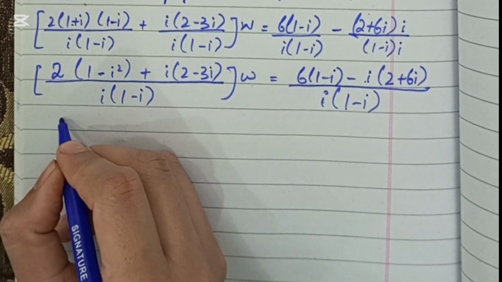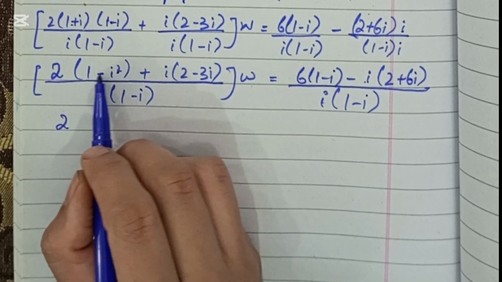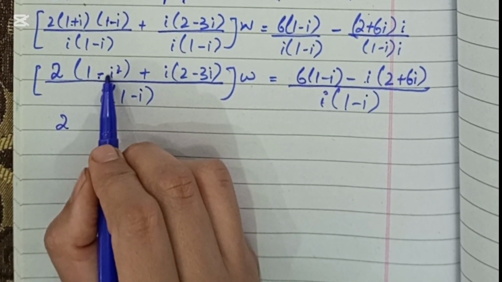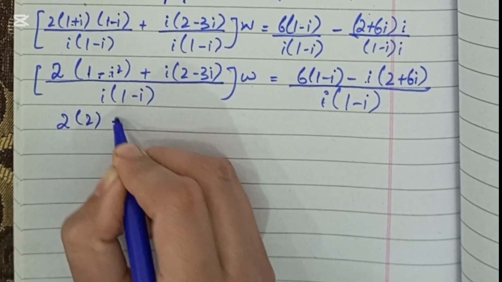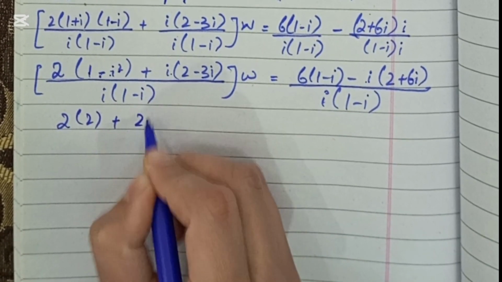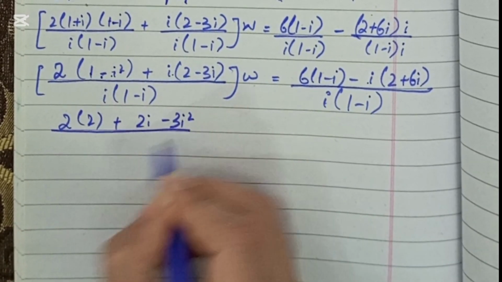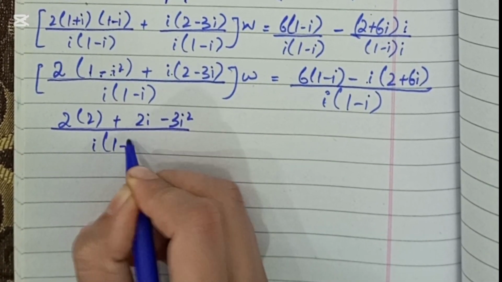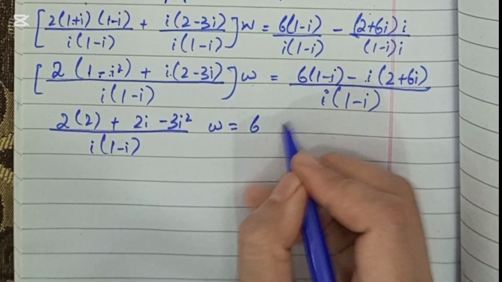In the next step, I'm going to multiply this. Iota square is minus 1, minus and minus, plus 1. 1 plus 1 is 2. So this is like this. Multiply 2 iota minus 3 iota square, whole divided by iota into (1 minus iota). Multiply the 6 inside.